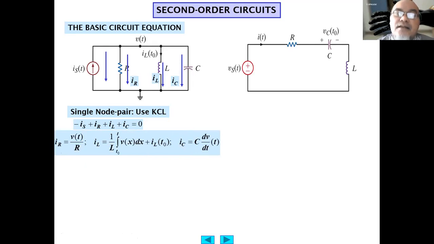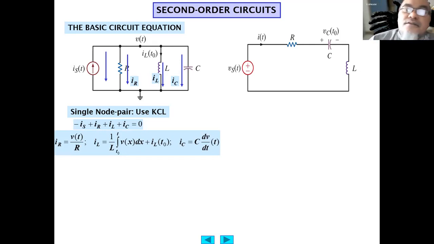The current through the resistor can be expressed in terms of the voltage using Ohm's law: IR equals V(t) divided by R. The current through the inductance can be calculated using the integral form of the inductance law: IL equals 1 over L integral of V(x) dx from t0 until t.